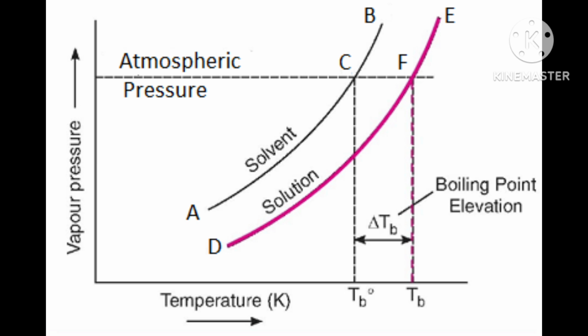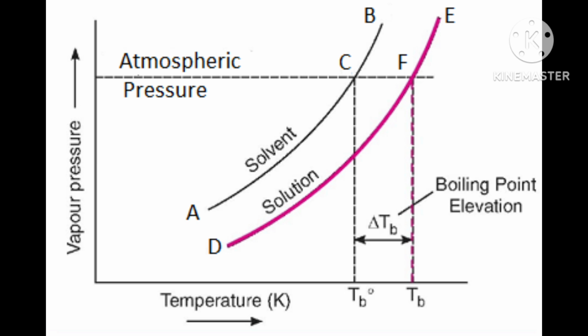in respect of the solvent, the solute will be very, very less, hence you can neglect it. Then N1 plus N2 will be approximately equal to only N1, the solvent, because the solute is very less.